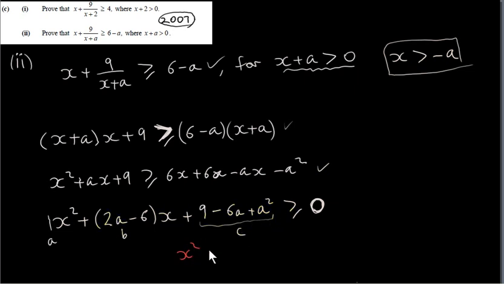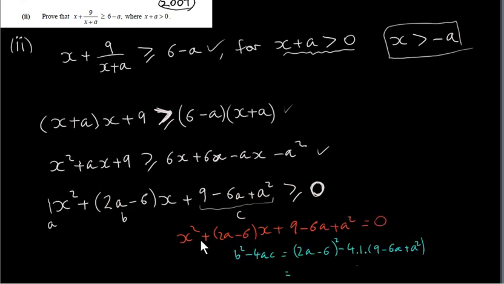So if we look at the quadratic equation, which is x squared plus 2a minus 6 times x plus 9 minus 6a plus a squared equals 0. So here is the quadratic equation. I've just written this out again, just an equal sign. So for one solution, we must have that b squared minus 4ac equals 0. So all we've got to do is show that this is 0.